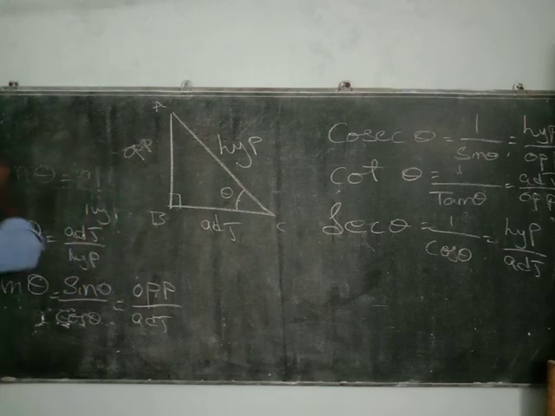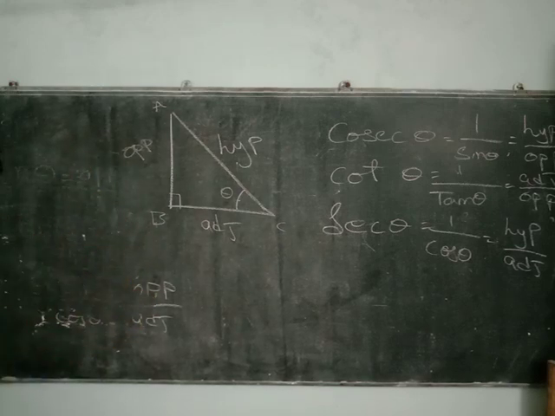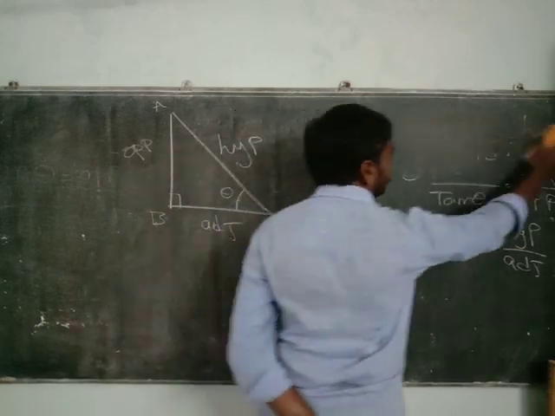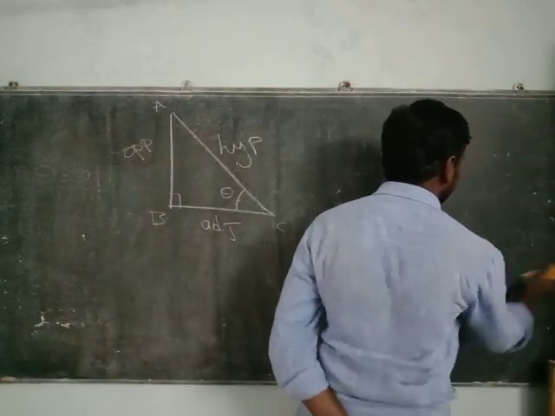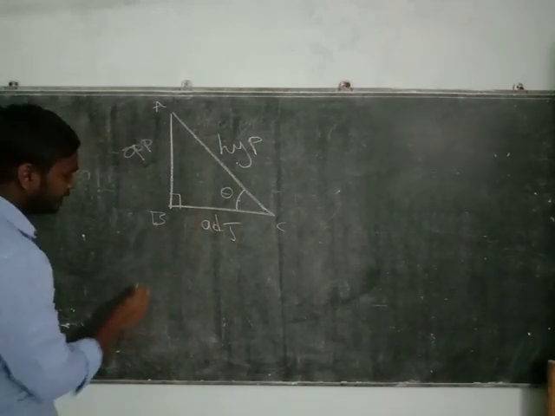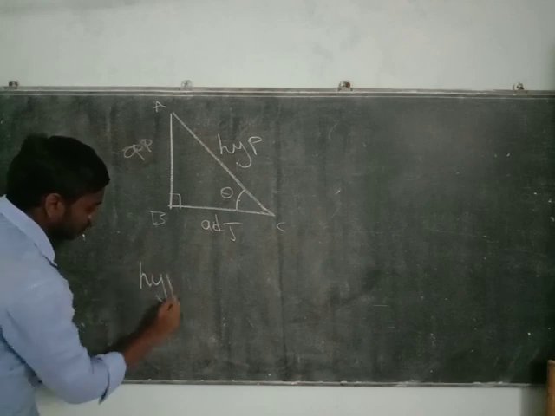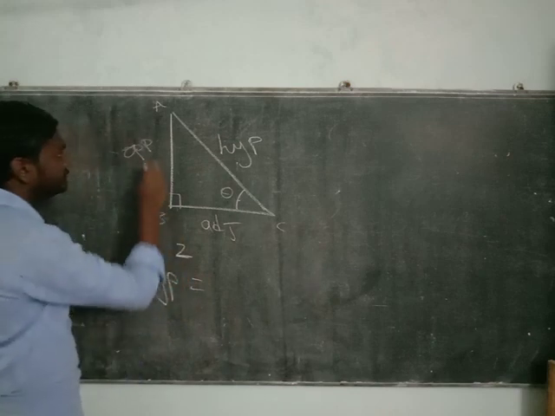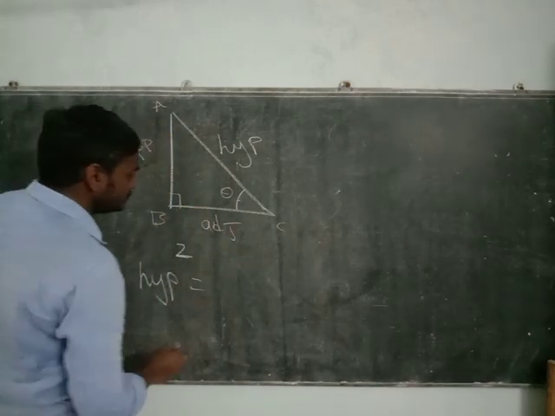And also we have a basic identity, that is hypotenuse square, that means AC square, is equal to opposite square plus adjacent square.